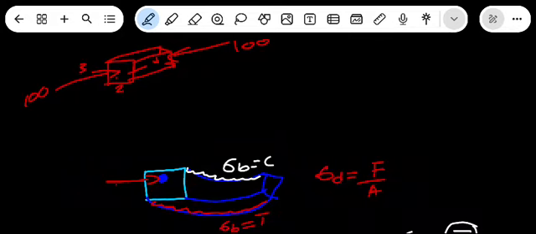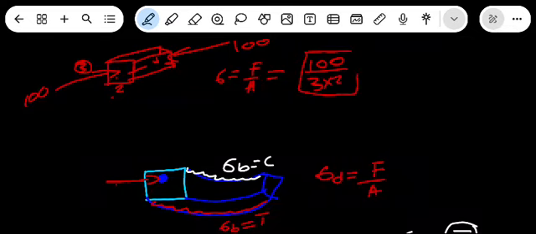This is a direct stress: force divided by area. We take the force, 100, divided by the area, which since it's a square is 3 times 2. That is how you calculate the direct stress.